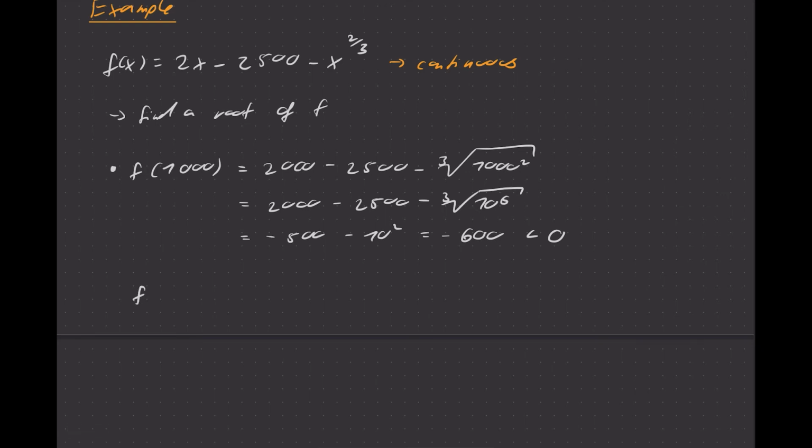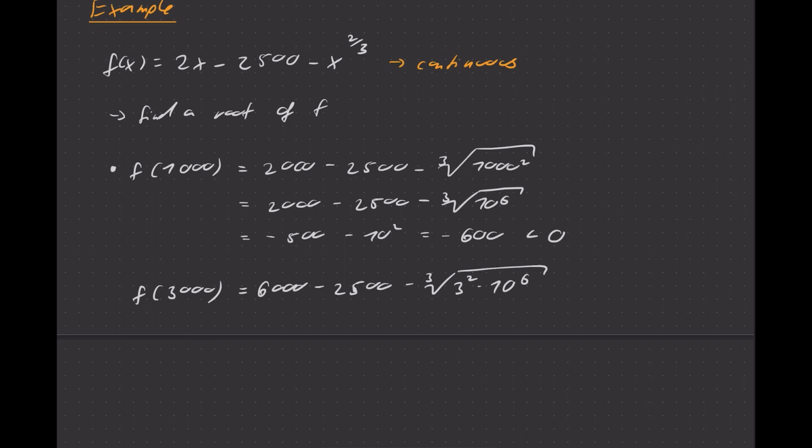And to do that, we will try 3000. You can see this is 2 times 3000 is 6000, that's minus 2500, that's still positive by quite some amount, minus the third root of, now 3000 is 3 times 10 to the 3. So the square of that is 3 squared times 10 to the 6.